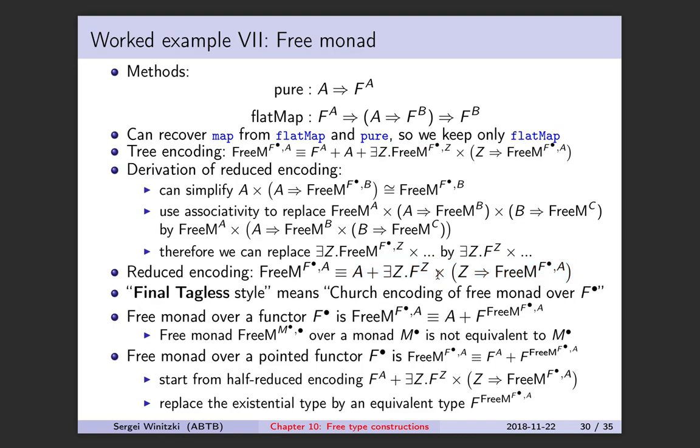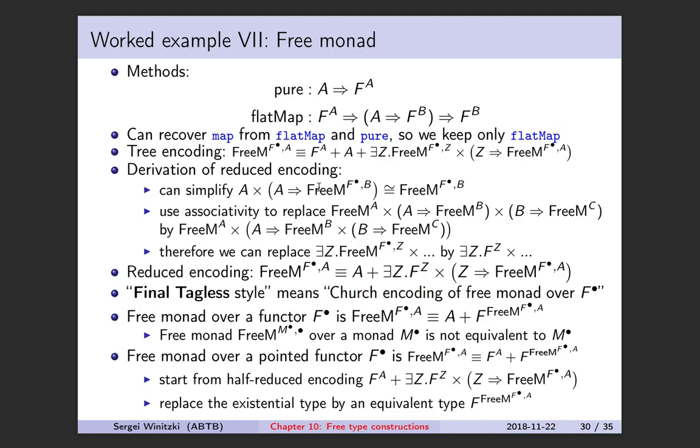Now, one comment is that recently the so-called final tagless style of programming has become more known in the Scala community. It has become also known in the Haskell community a few years before. In my terminology, what is called final tagless style is nothing more than the church encoding of a free monad.